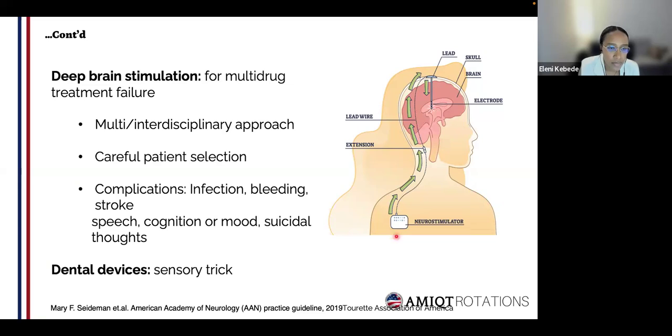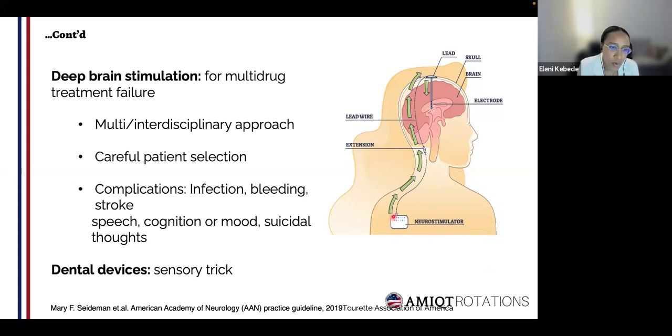So this pulse generator releases pulses, that's electric activity that can be actually programmable. We can program different pulse widths, frequency, amplitude of stimulation, and it can be controlled with a computer actually.